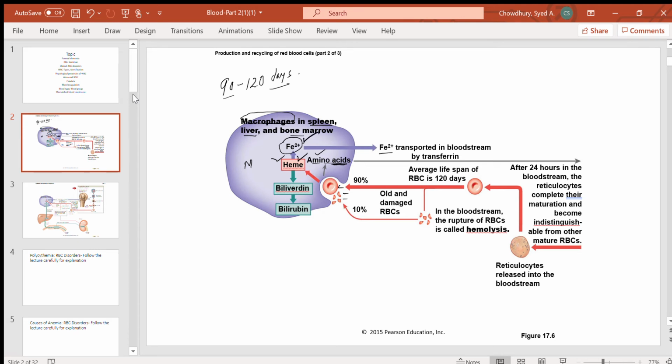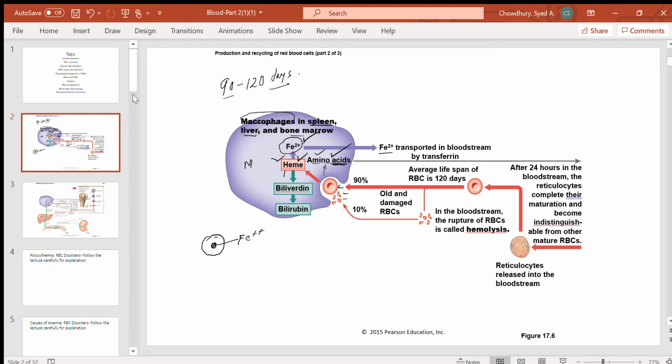So these two parts of a hemoglobin will go back to the bone marrow, will be recycled, and the remaining part of heme, except the iron, you remember this is the heme, iron is in the center, this is the iron, this will be recycled.